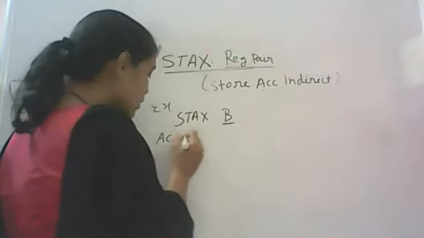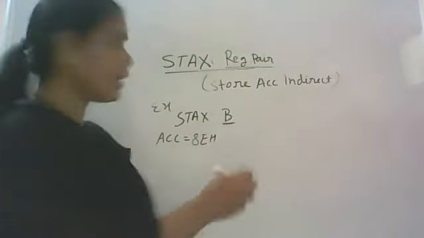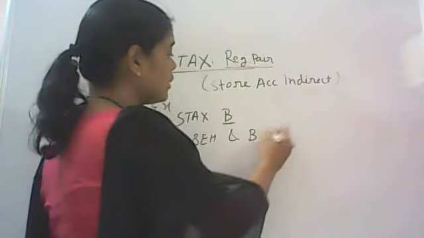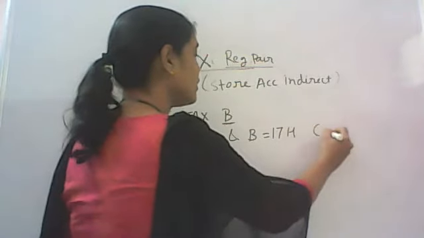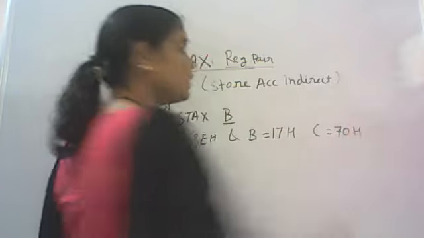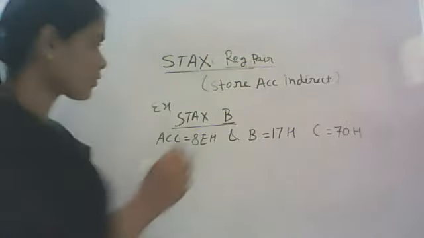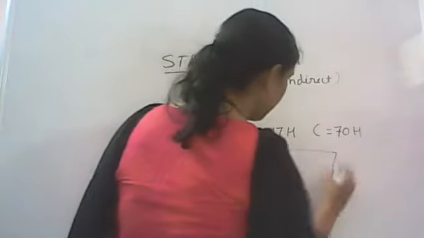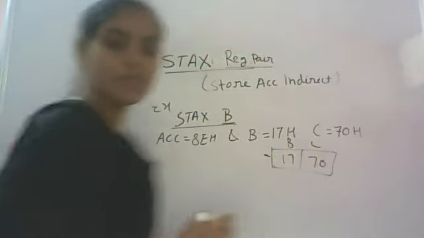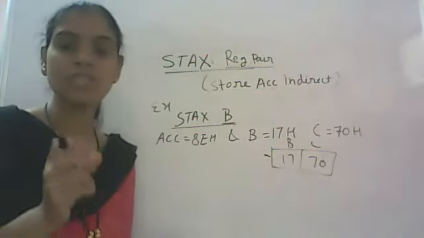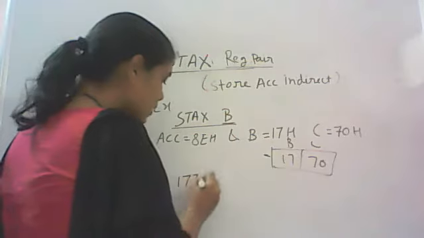If the accumulator contains 8E hex, and register B contains 17 hex, and register C contains 70 hex, after executing this instruction, the memory location specified by the content of the register pair BC, 17 and 70, is 1770 hex.